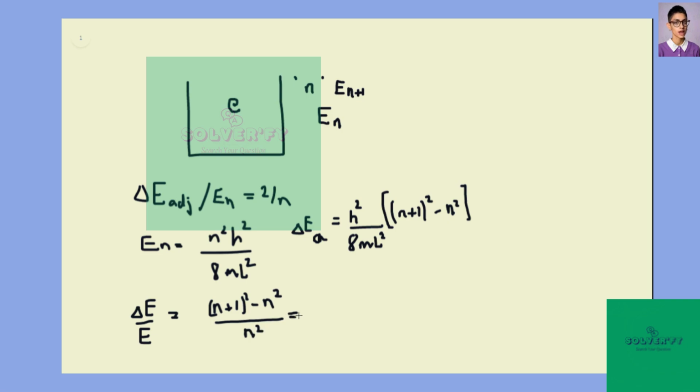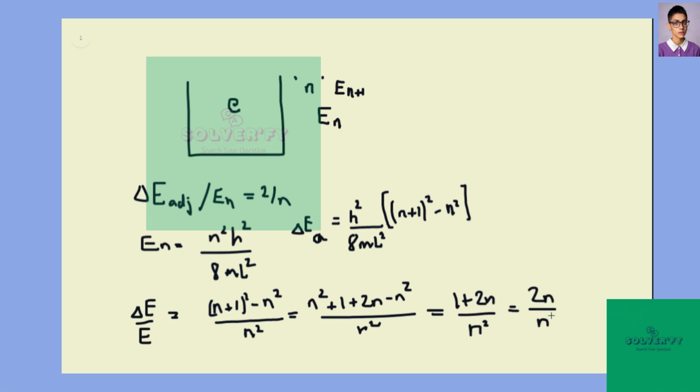Now n plus 1 square can be opened up as n square plus 1 plus 2n, and we have an n square with a negative sign, divided by an n square. This becomes equal to 1 plus 2n over n square.